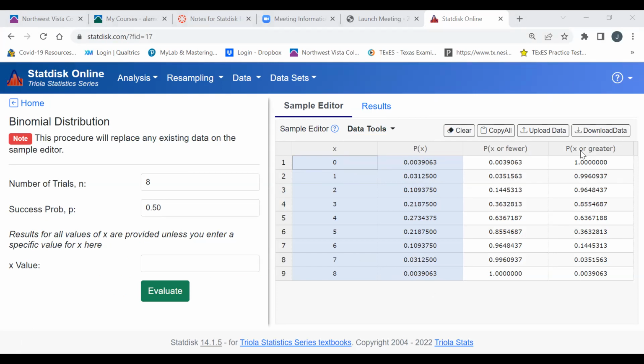Now notice there are two extra columns next to the P of X. What are these? Well, notice how these numbers are going. If you scroll from this number down to there, what do you notice about the values? We covered this in chapter 2.